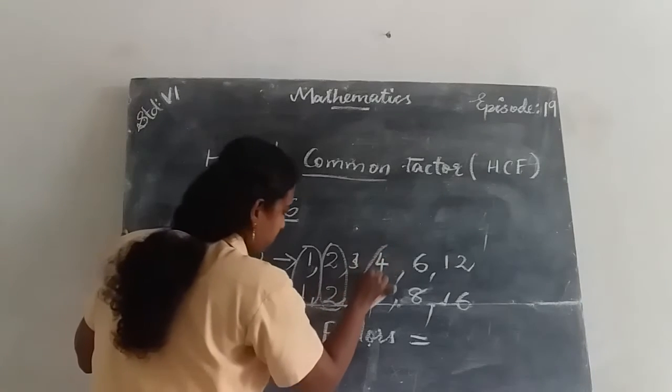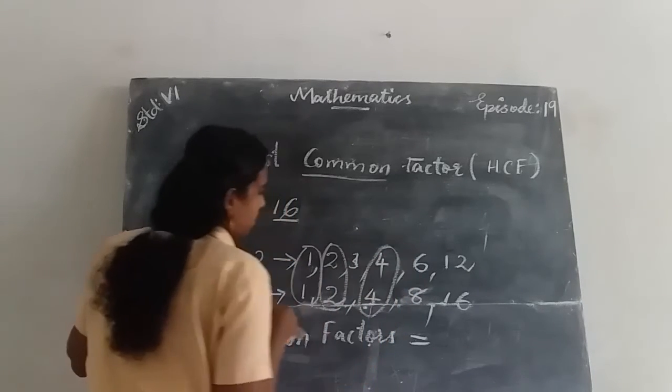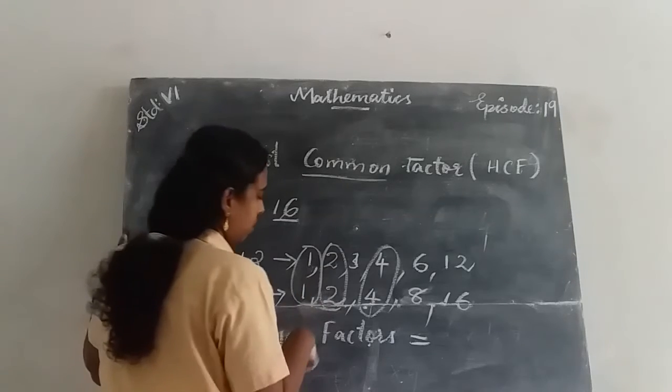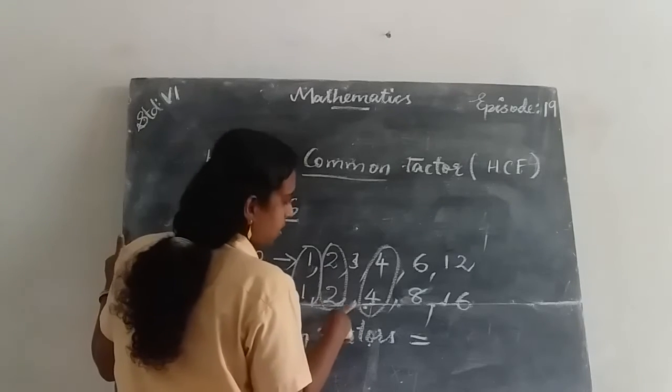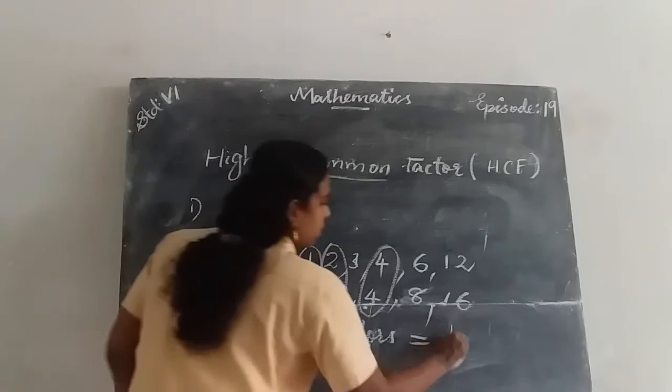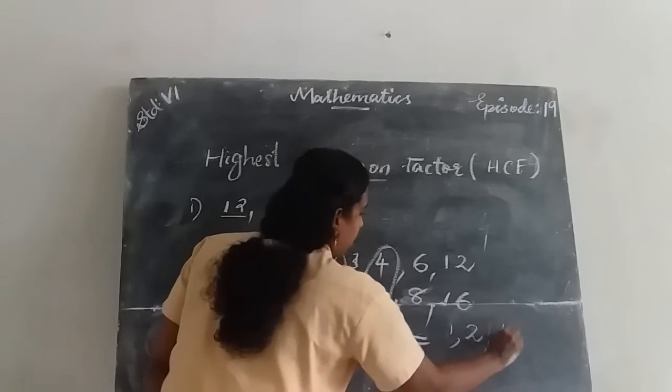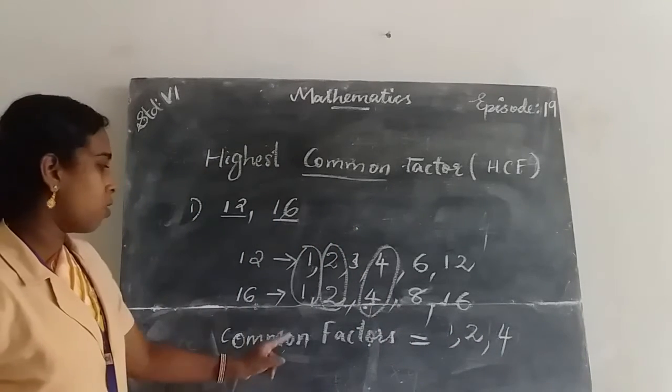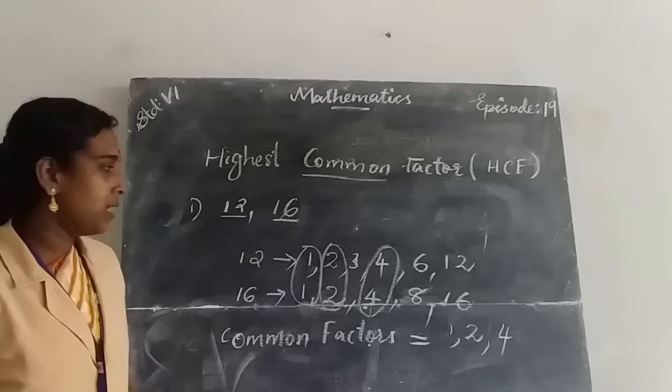And here 4 is a factor of 12 and 16. Yes, 1, 2 and 4 are the common factors of 12 and 16.